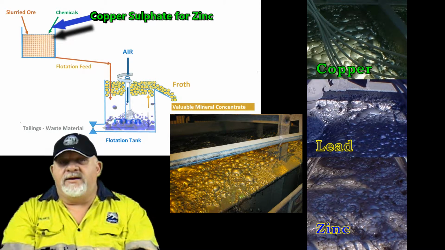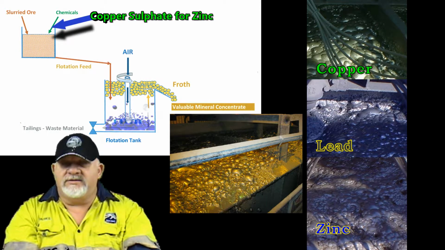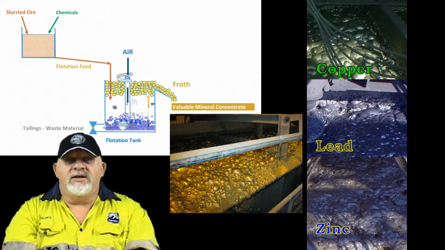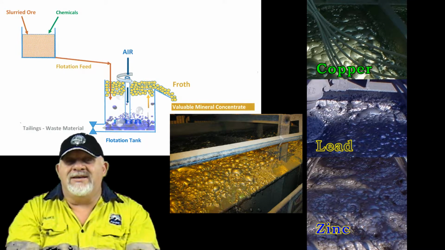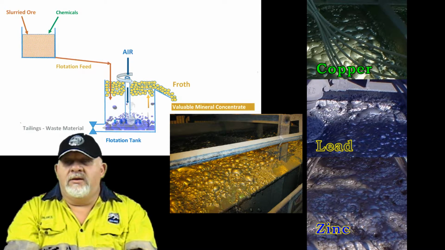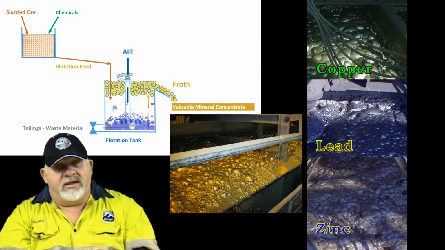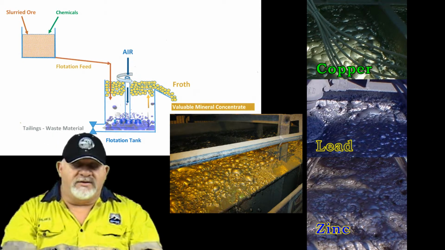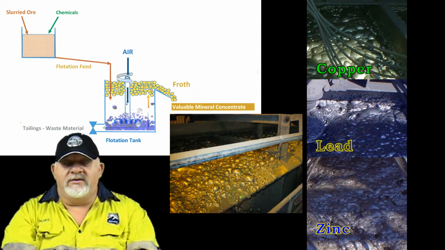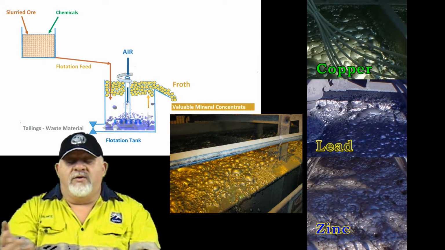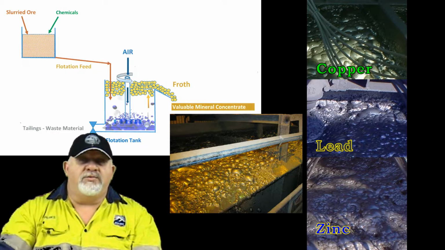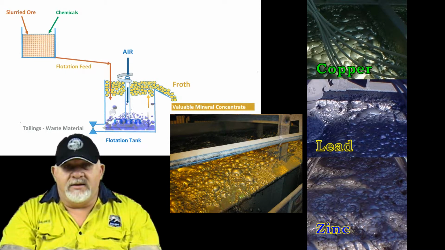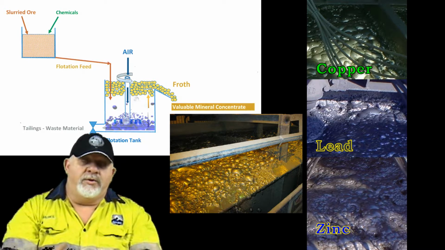Copper sulfate is added into the chemical mix in the conditioning tank, and that copper sulfate coats the zinc particles in a molecular layer of copper. So the chemicals that are put in there think it's copper and do the same thing again, and away it goes. And finally you've got three products: copper, lead, zinc, and a tailings product which is pumped out to the tailings dam.